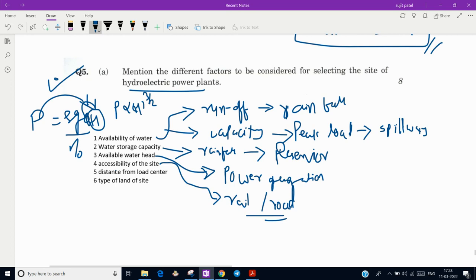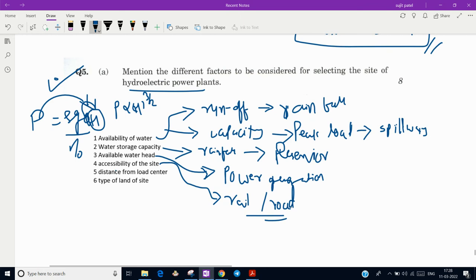Initially we require transporting raw material, manpower and machinery, but after that our regular manpower and maintenance should also be connected. Otherwise the transportation cost will be high.